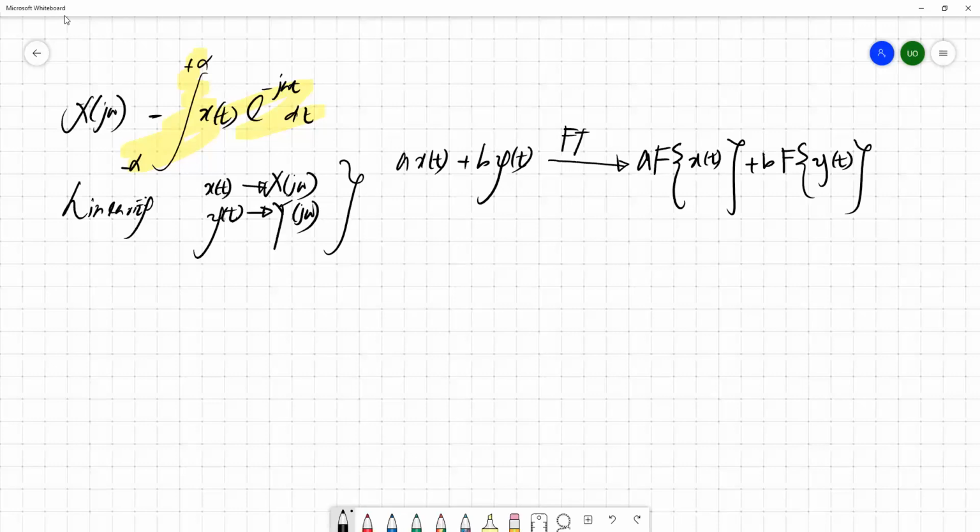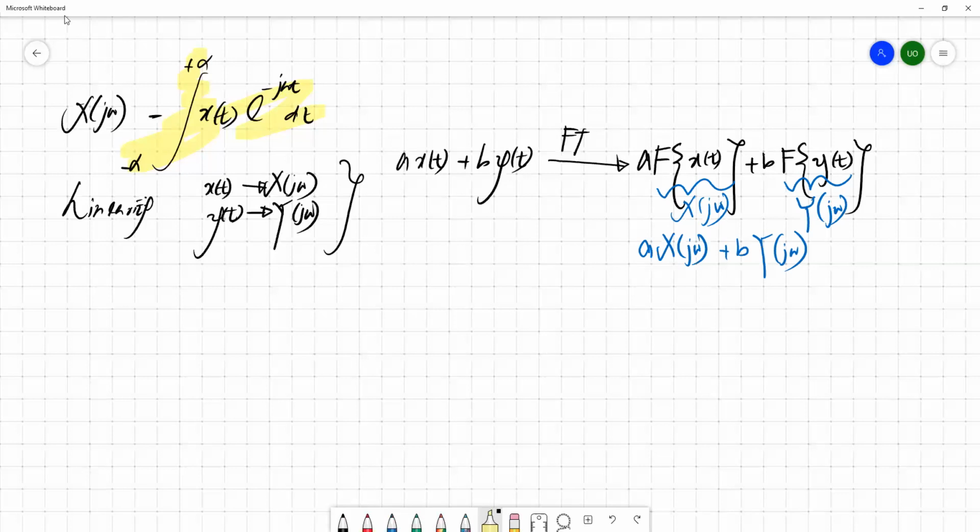So once you apply the Fourier transform to x(t), it becomes X(jω), and if you apply the Fourier transform to y(t), it becomes Y(jω). So then ideally this is a X(jω) + b Y(jω).